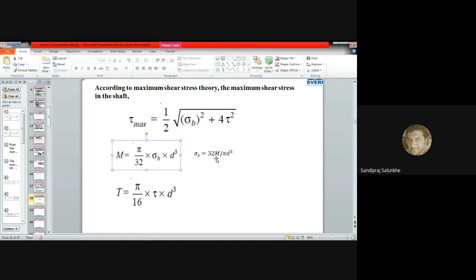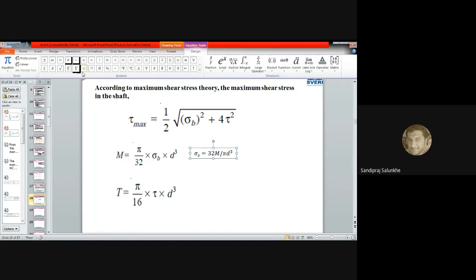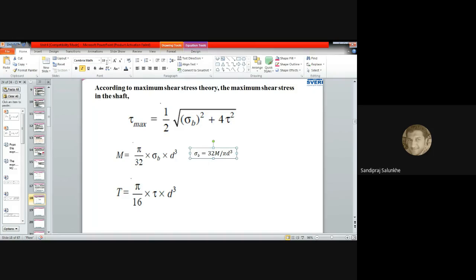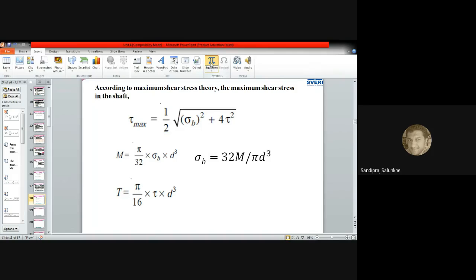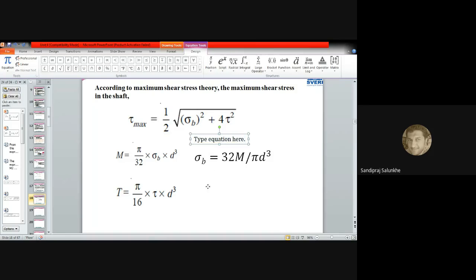Okay. Now this equation which has been modified from this M, here again we will modify this equation. So we'll write this equation in terms of tau.